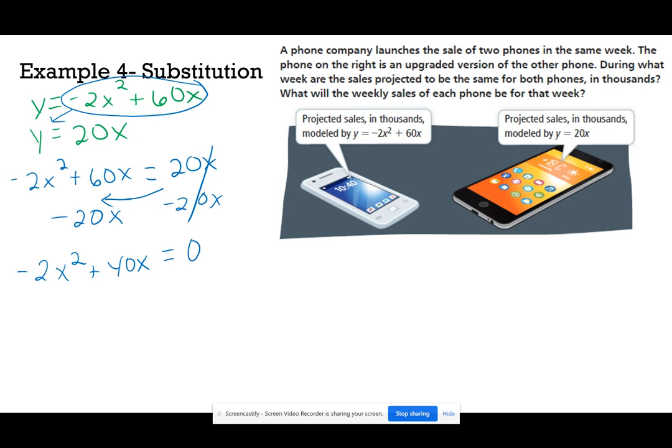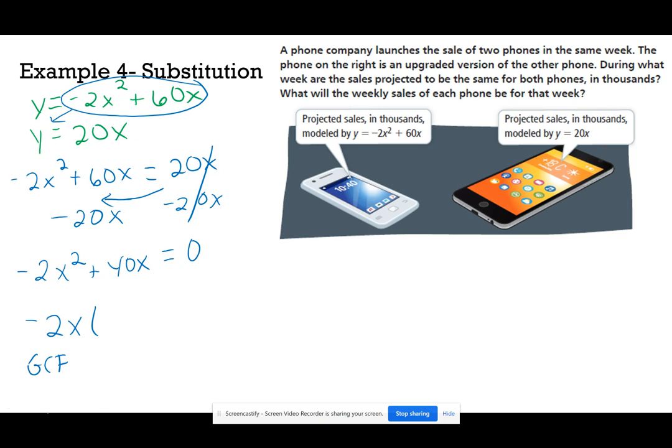All right, so now I can factor. I've substituted, now I'm factoring. Looking at this, I noticed that they both have a 2. I can divide them both by 2. Since my first term is negative, I'm actually going to divide by -2. So I'm going to pull out a -2x because that's the GCF, the greatest common factor of those 2 terms.